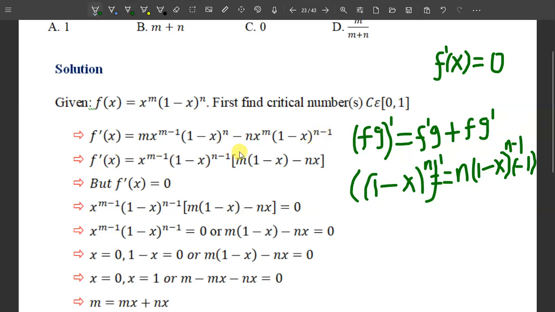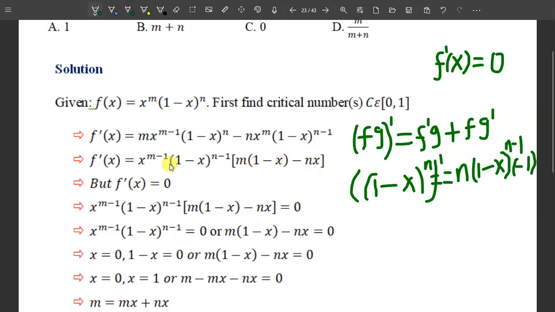Once we common out x to the power of m minus 1 and 1 minus x to the power of n minus 1, what is left here is m into 1 minus x only, minus here again n times x. After we common out this expression, they leave behind m times 1 minus x and minus nx.